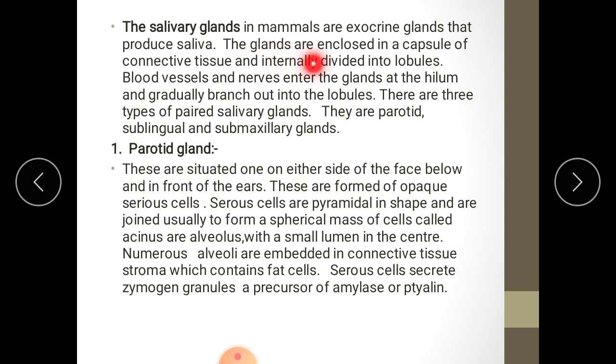The glands are enclosed in a capsule of connective tissue and internally divided into lobules. Blood vessels and nerves enter the glands at the hilum and gradually branch out into the lobules. There are three types of paired salivary glands: parotid, sublingual, and submaxillary glands.